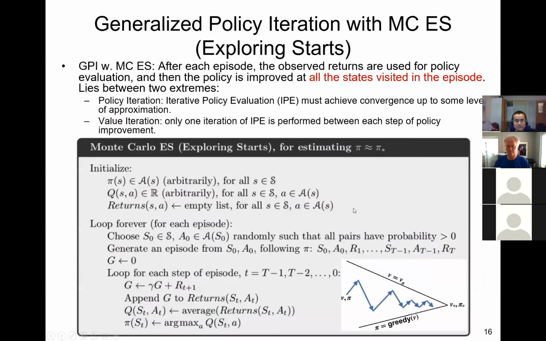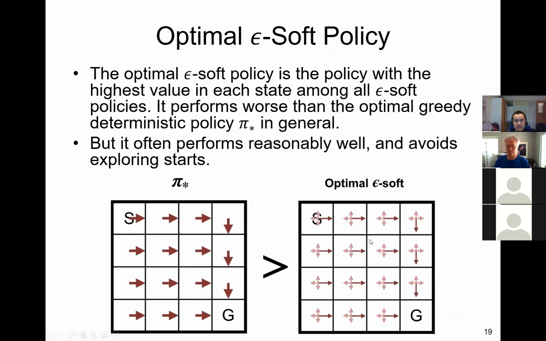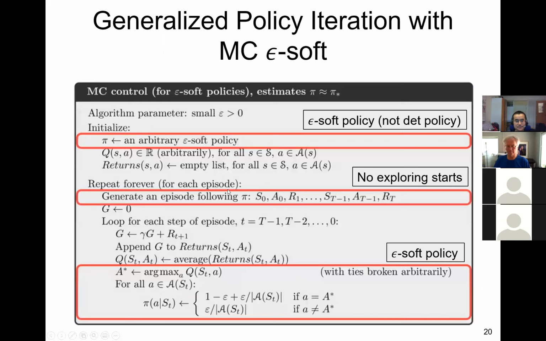In the previous, we must choose S0 randomly, such that all pairs have probability higher than 0. So that's exploring starts. But here, we don't have to do that. And the third difference is the epsilon soft policy with the small probability of choosing the non-greedy action.